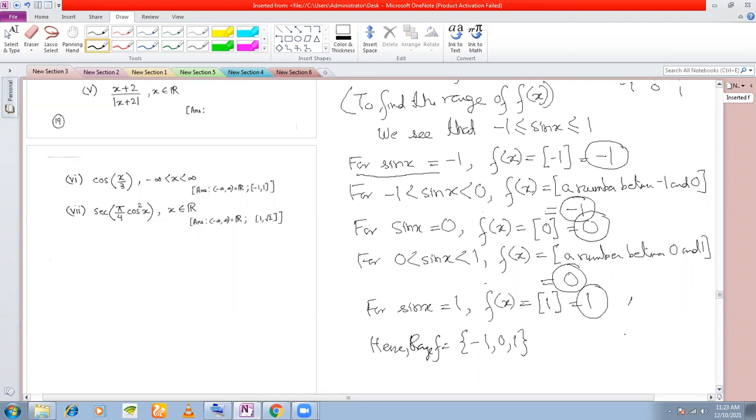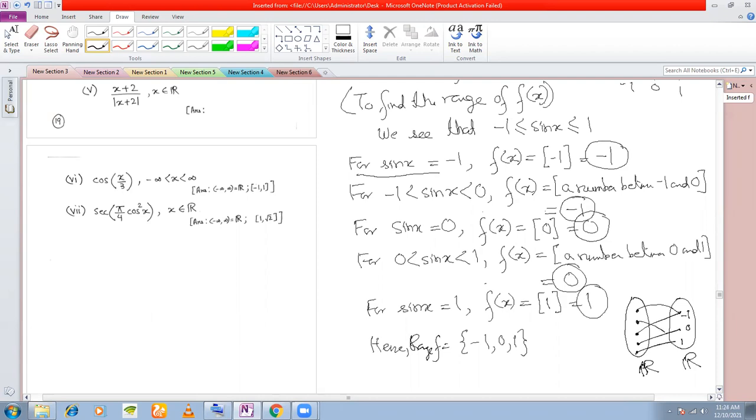So whatever value of x you take in the set A, let's say the set of real numbers here and the set of real numbers here, whatever value of the greatest integer function of sine x you take, what are the images that you are getting? Only 3, right? All are mapped to either 0, -1, or 1.